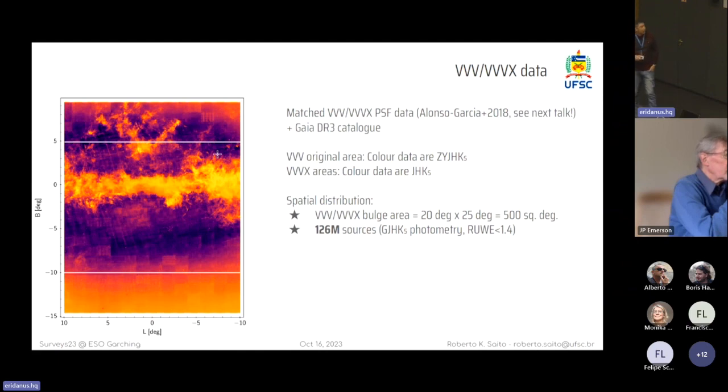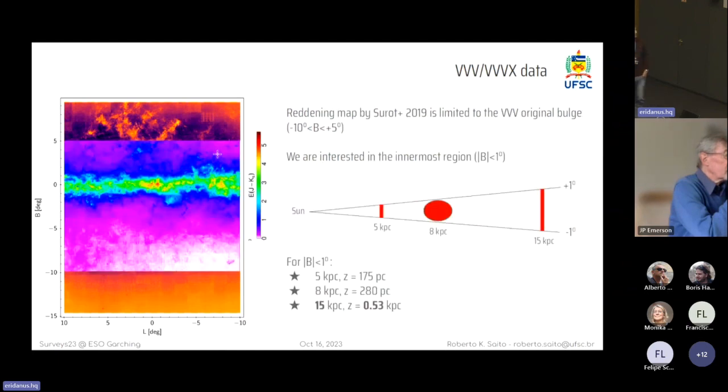For this original VVV area, as Marina said, Francisco Surot made a very nice work doing the DOPHOT photometry and then providing a very fine reddening map for the outer bulge.